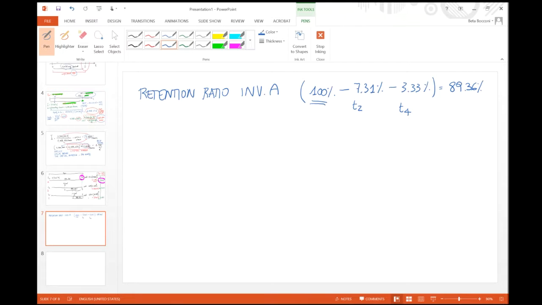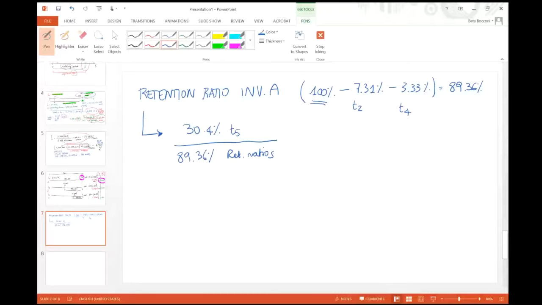So if you want to have 30.4% in year number 5, you have to buy an equity stake much bigger today. This equity stake must be the ratio between 30.4, the equity stake that you want to have in T5, and the retention ratio, which is, as we have seen, given the dilution effect, only 89.36%, or an equity stake much bigger, which is 34%.